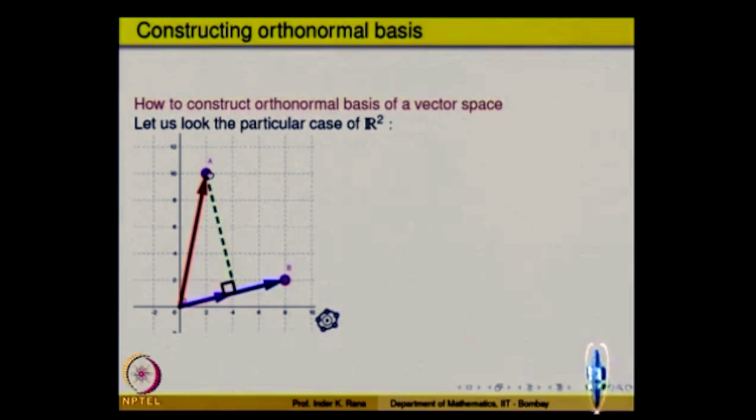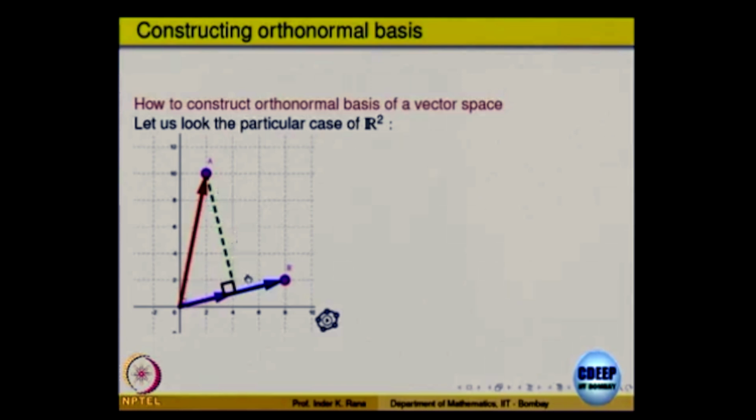Your shadow. So if I drop a perpendicular, then this is a projection, up to here. Now from this vector, if I subtract that, what will I get? This is a vector, this is another vector, I subtract, and I will get this vector, by vector addition.